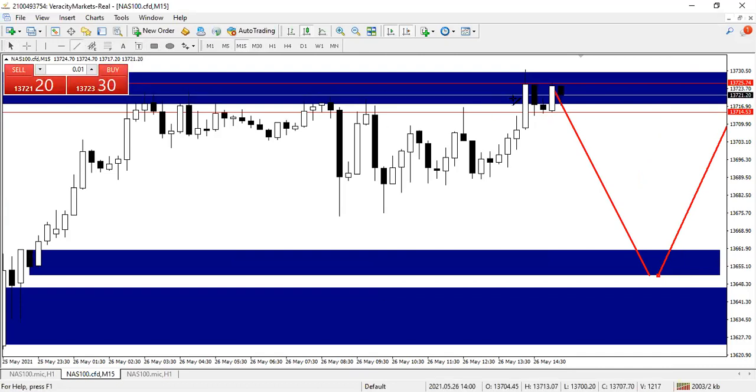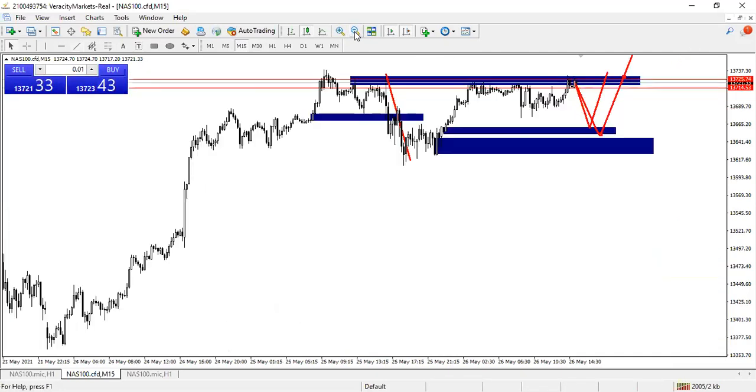I'm not saying take this trade, but personally on Nasdaq, I'm expecting it to come down a bit, then push up. The breakout traders or the trend line traders are seeing a trend line and it is confirmed by the trend line. It will come to this trend line and shoot up.